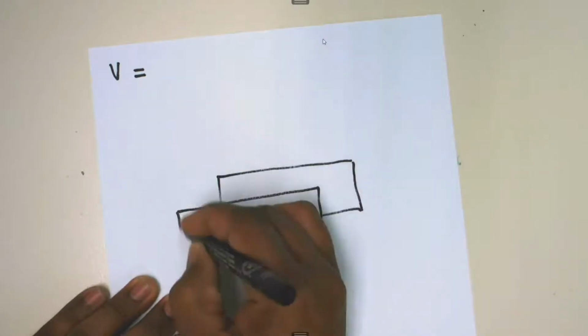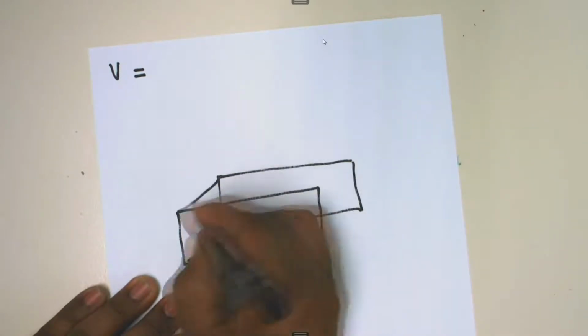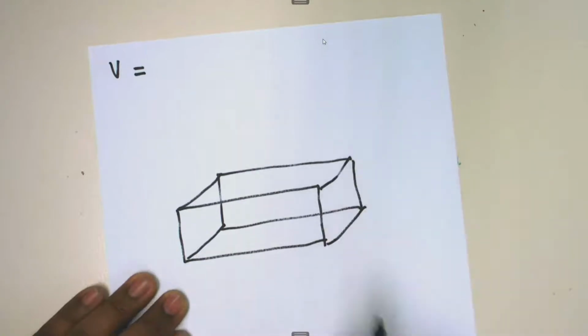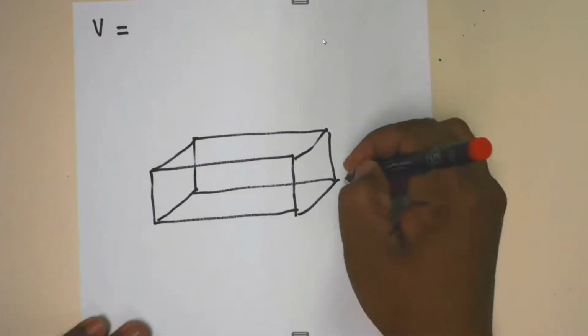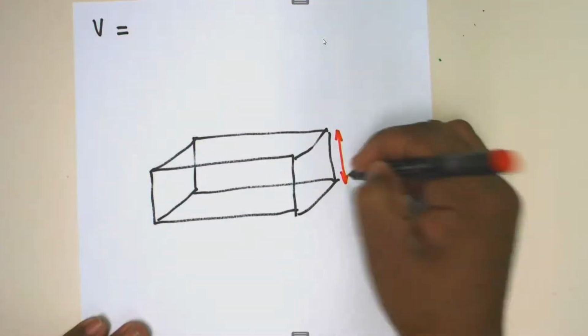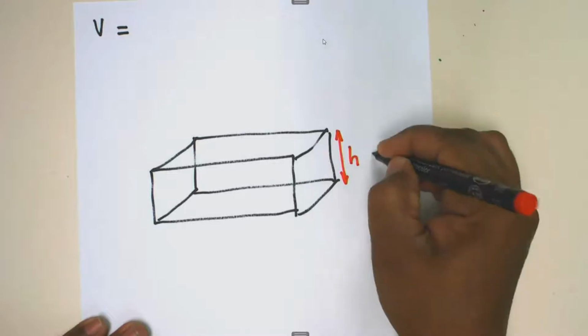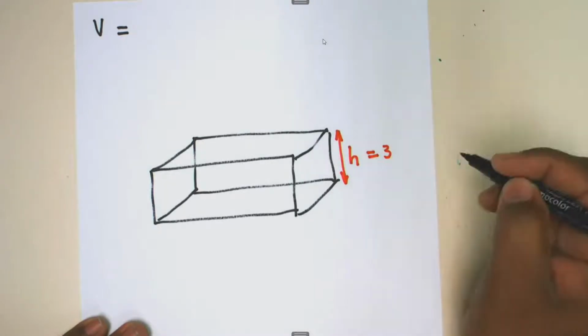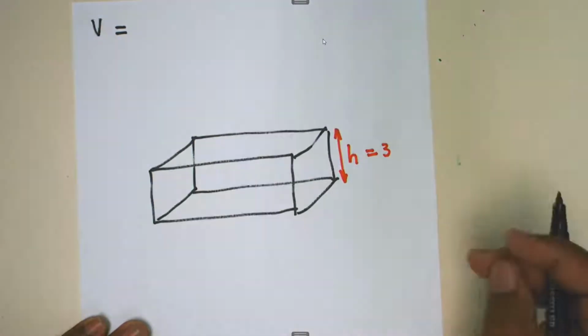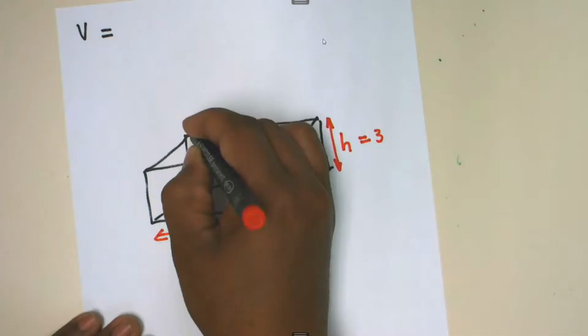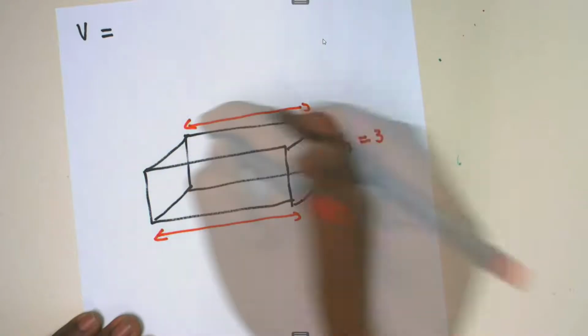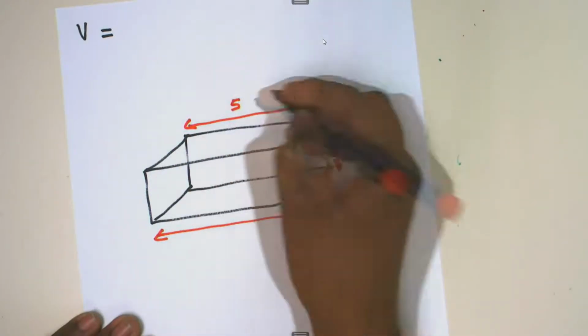Okay, a rectangular prism there, and therefore the dimensions. This one going up is the height, and the height was given as 3. We have 3 layers, and going this way is the length. It was given as 5.